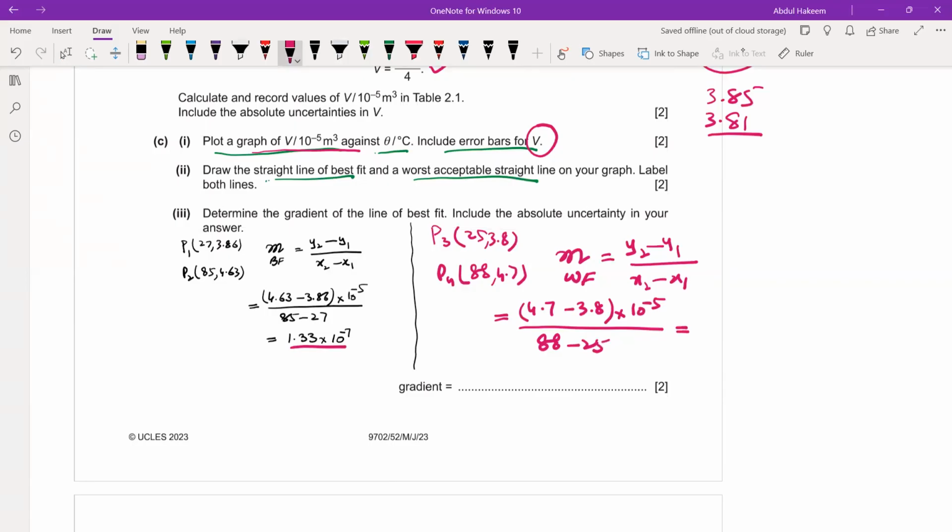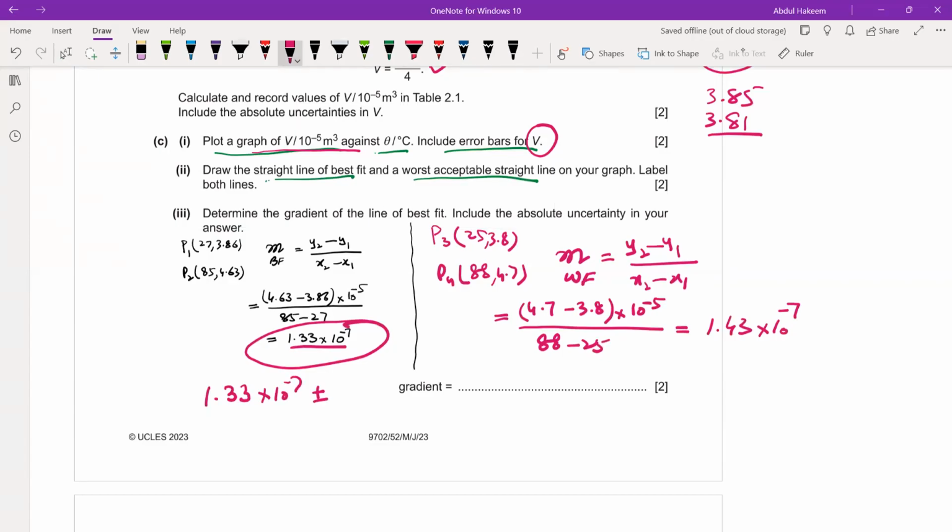And then by using the calculator, we calculate the answer, and it is approximately 1.43 times 10 power minus 7. Okay. Now for the final answer of the gradient, look, this answer is the answer of the best fit. So this is the true answer.